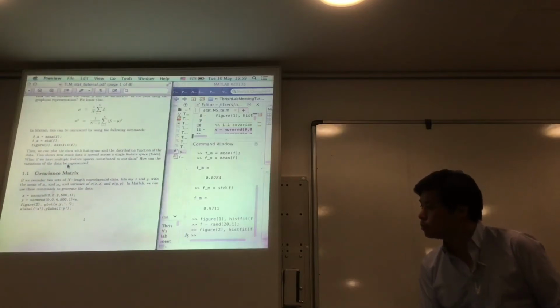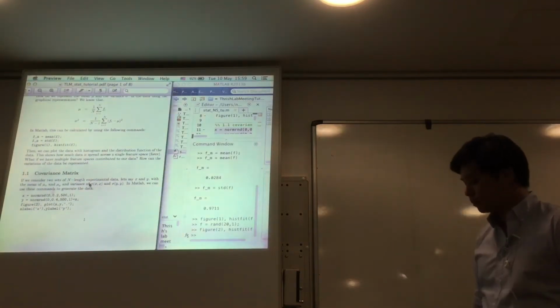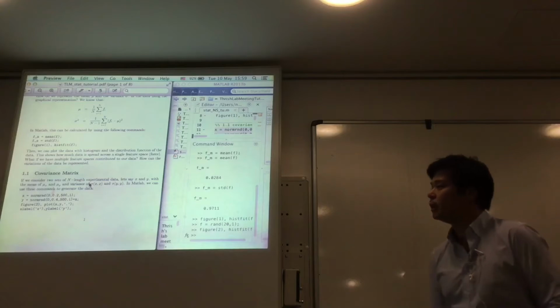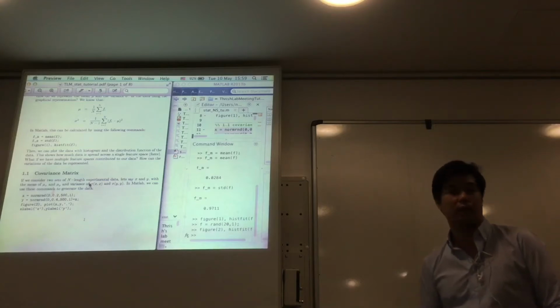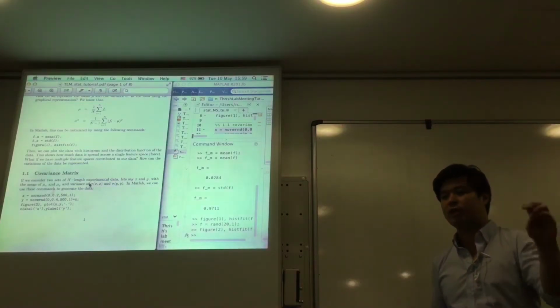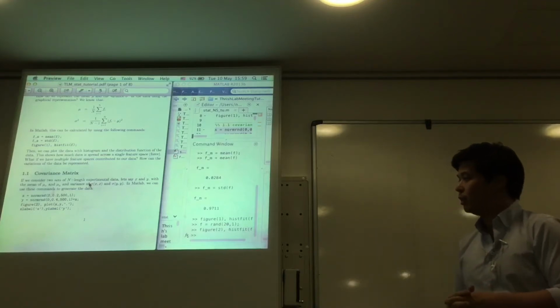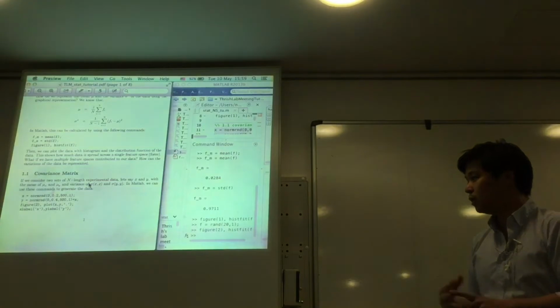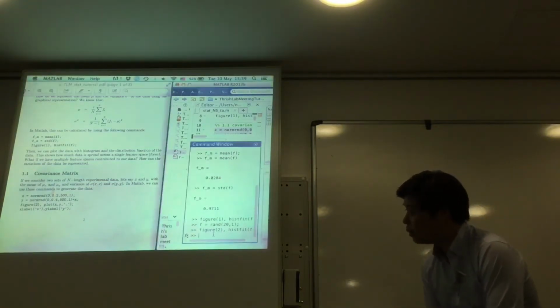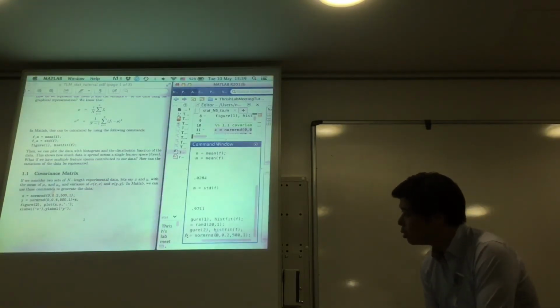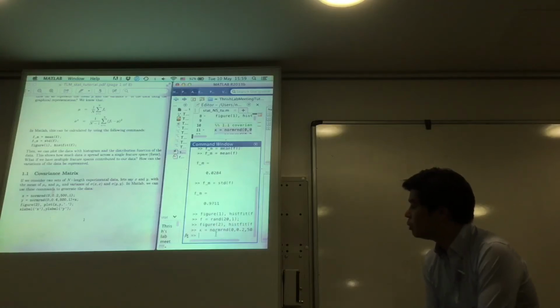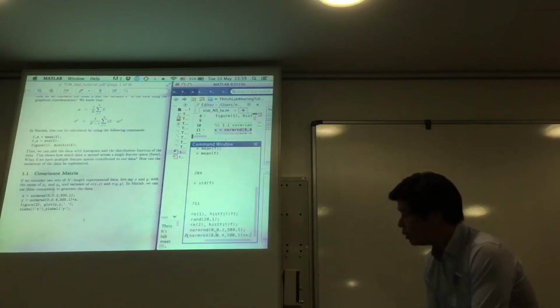So let's say we have two sets of data, X and Y, from sensor X and sensor Y, with the mean of this much and the variance of this much. I can generate X and Y first, with the mean of 0.2, and Y with this function.